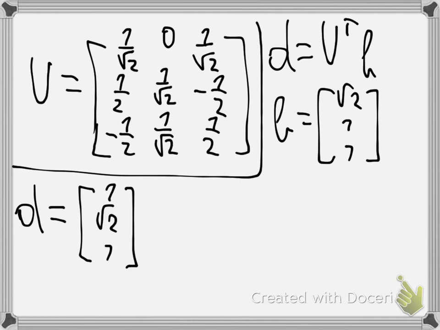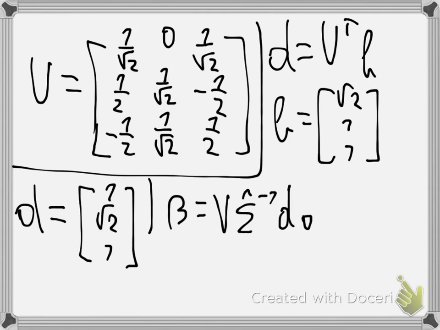Okay, now remember the solution of our problem will be beta equals V times sigma hat inverse times D0. First, let's write our matrix sigma, or original matrix sigma.